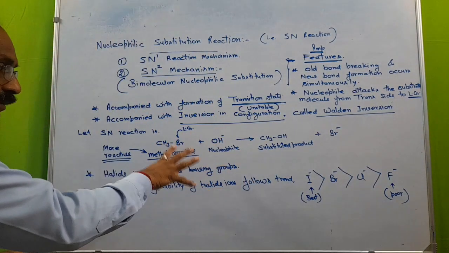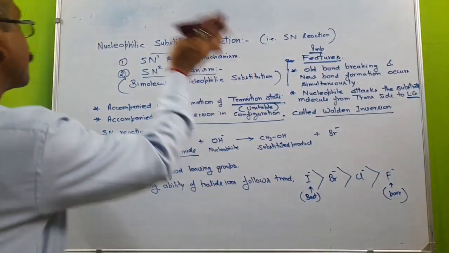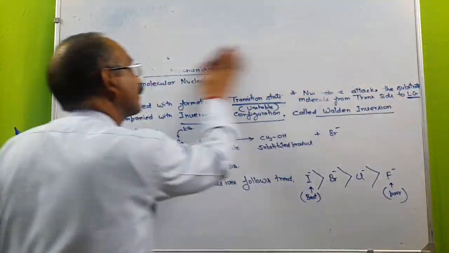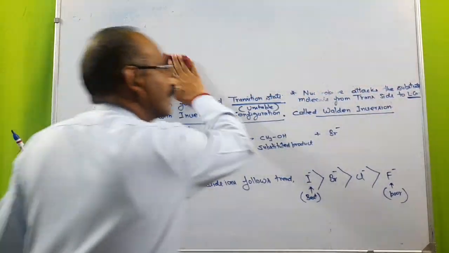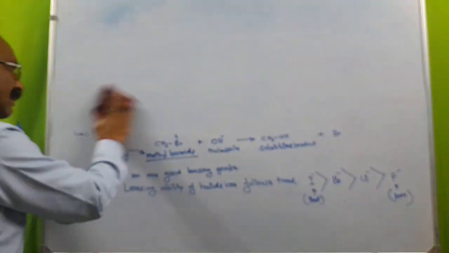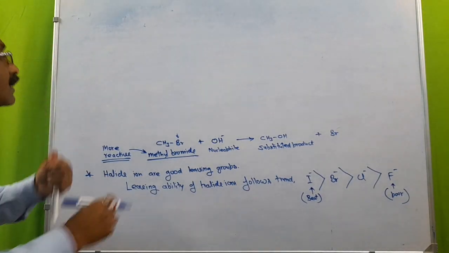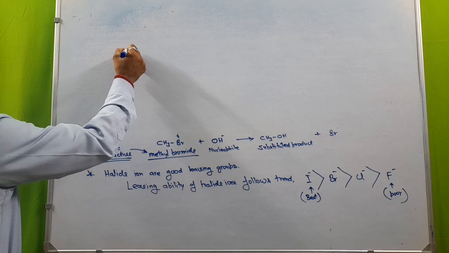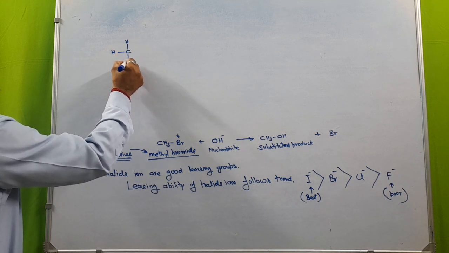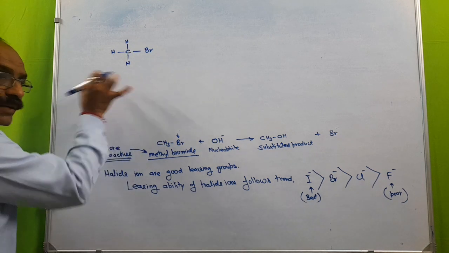Now we'll discuss the mechanism, how the SN2 mechanism occurs. See what happens here. This is CH3Br, our substrate molecule.